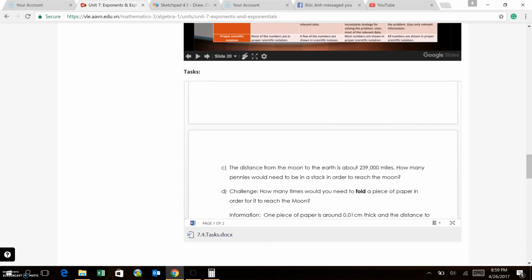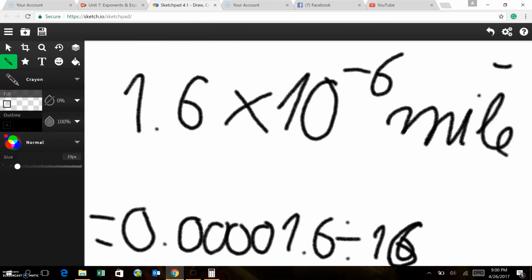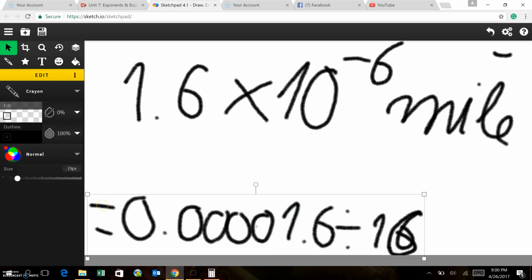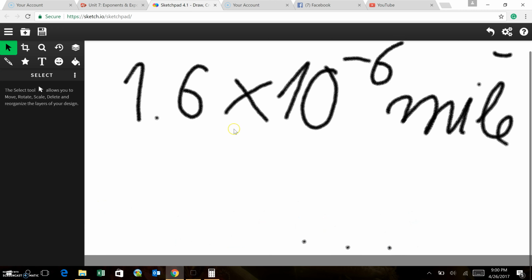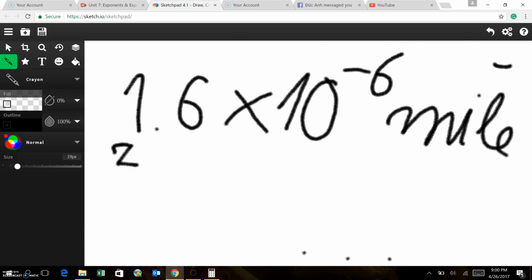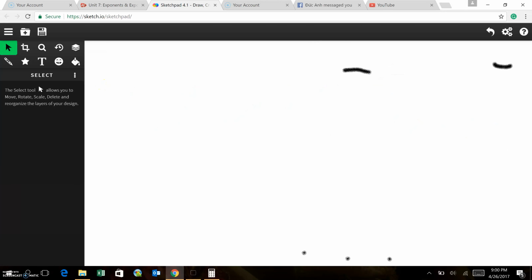Alright, so it shows you the distance. So now what I'm going to do is take the length of 1 penny in miles. So I'm just gonna take the distance and divide by the penny length.